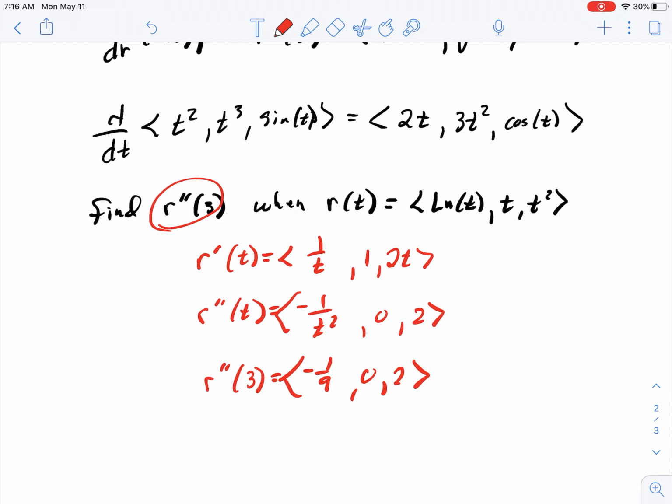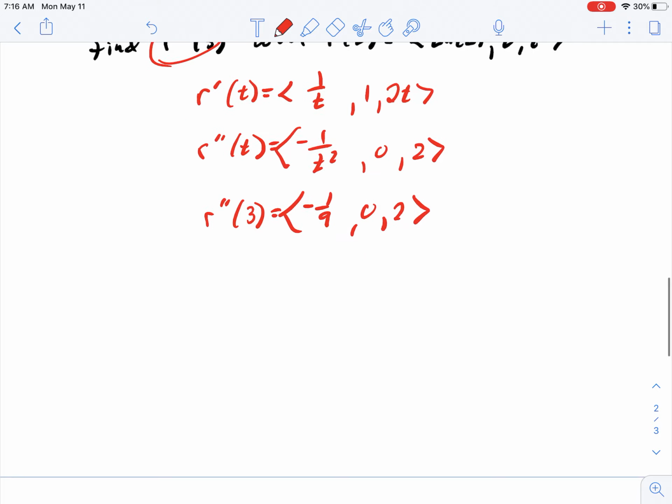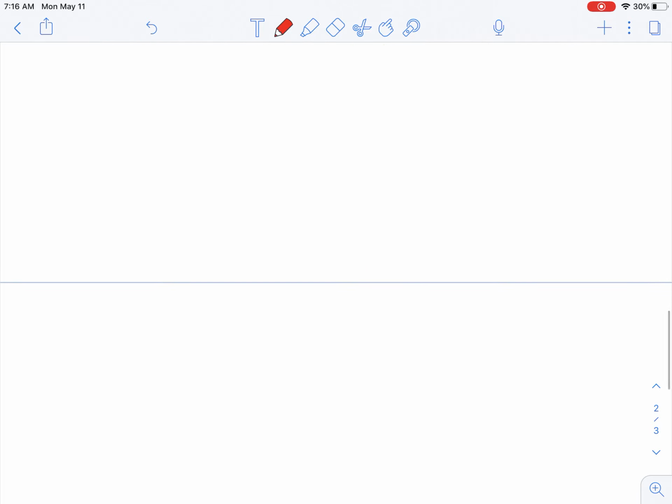Okay. All right, so let's go to the derivative rules. Derivatives of sums.